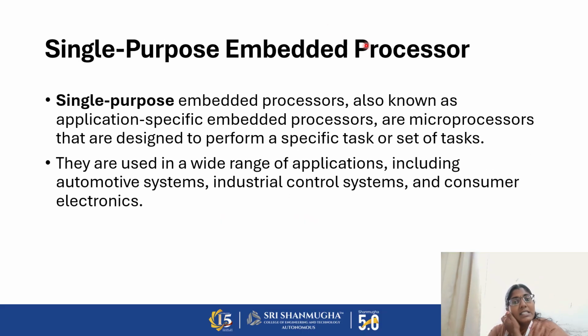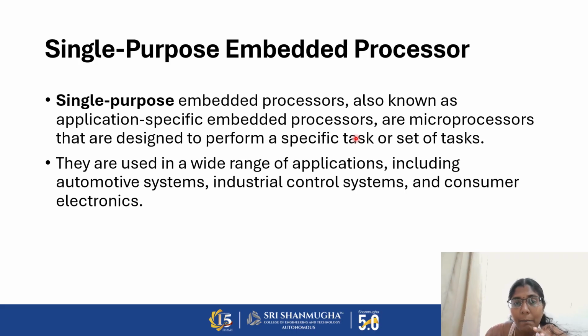And the next one is the single purpose embedded processor. If you want to perform only a single, specific task, in that type of application you can use this single purpose embedded processor. For example, you can take the washing machine. The washing machine is only meant for washing your clothes, right?